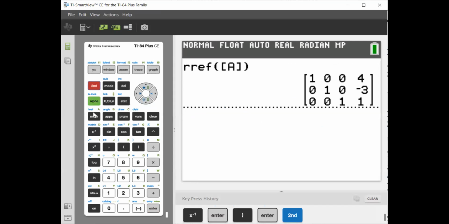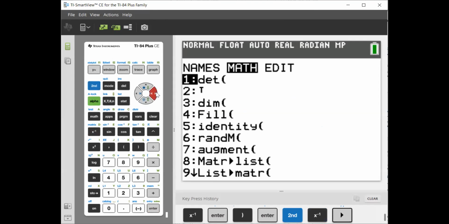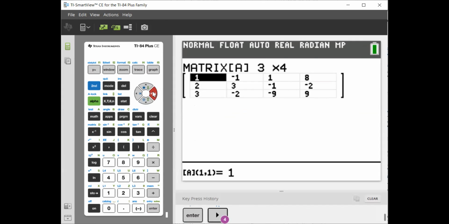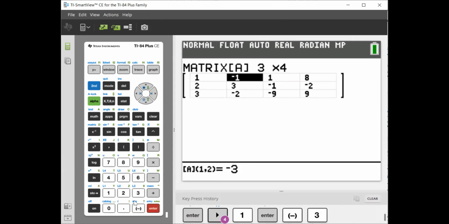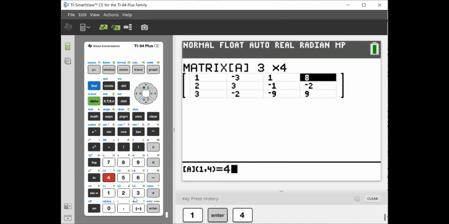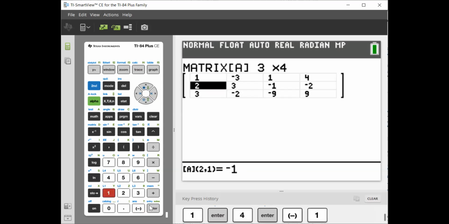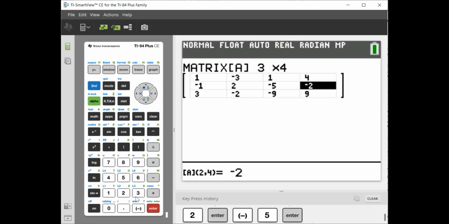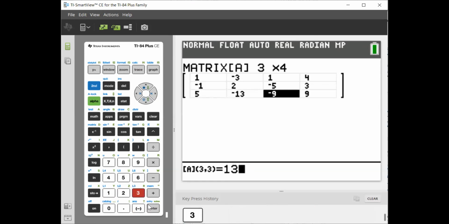So we go to second matrix, go to edit. It's already in 3 by 4 from last time, so we just have to replace all these values. 1, -3, 1, 4, and -1, 2, -5, 3. The last row is 5, -13, 13, 8.